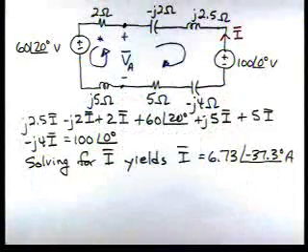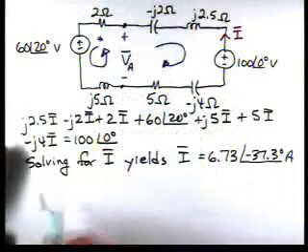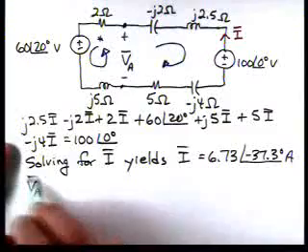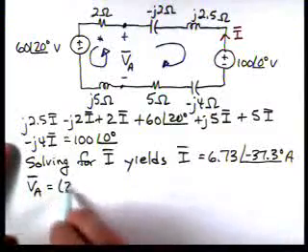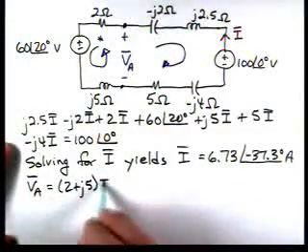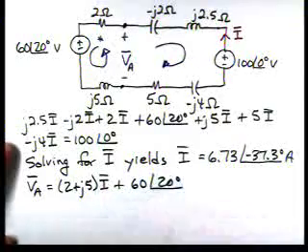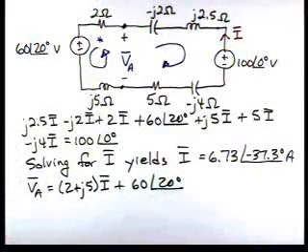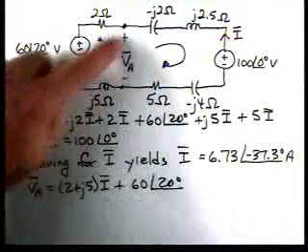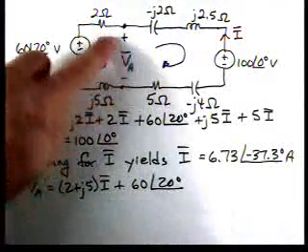If we apply KVL, we'll come up with the following expression. VA is 2 plus j5 times I plus 60 at an angle of 20. So that's using KVL around the left, going around like this.